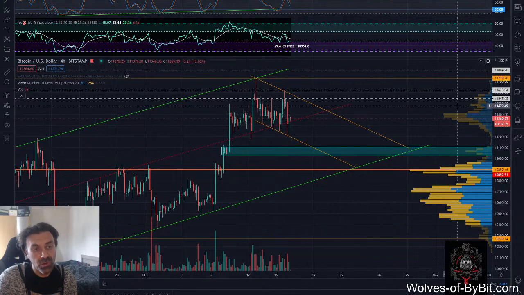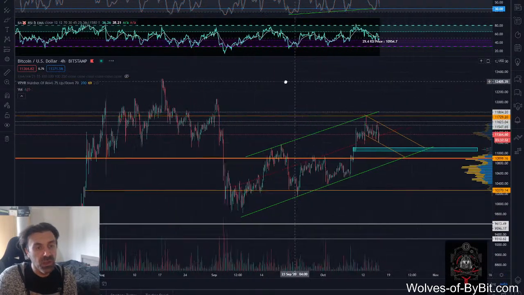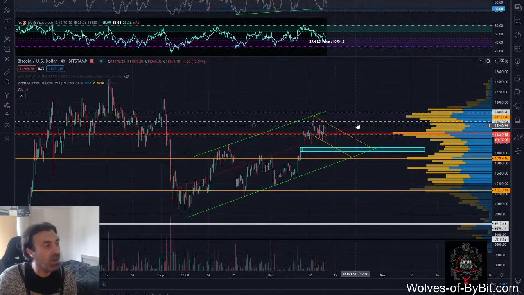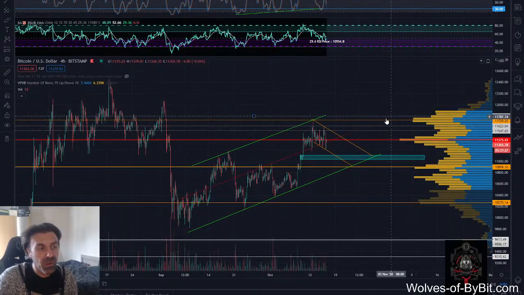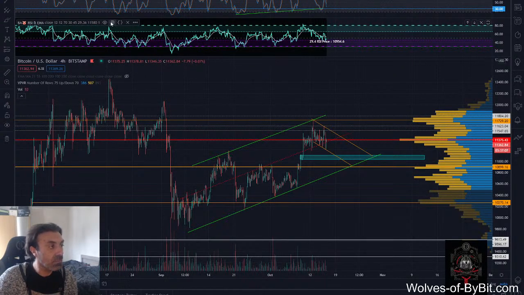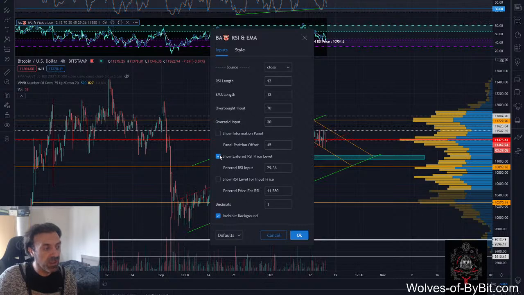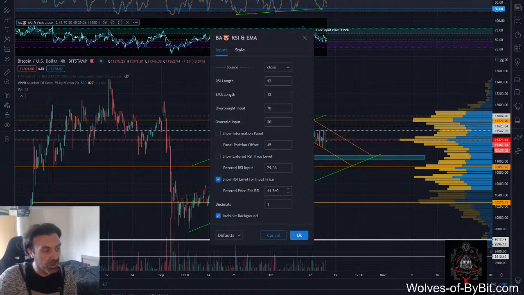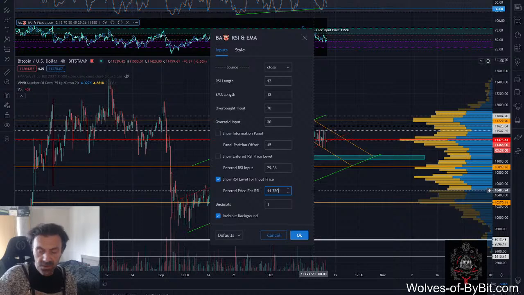And then, of course, once we start breaking out, we will have our next area of resistance probably sitting here at 11,730. Let's have it here on 11,730, and let's see what RSI levels we would start seeing once we reach this number. So 730.